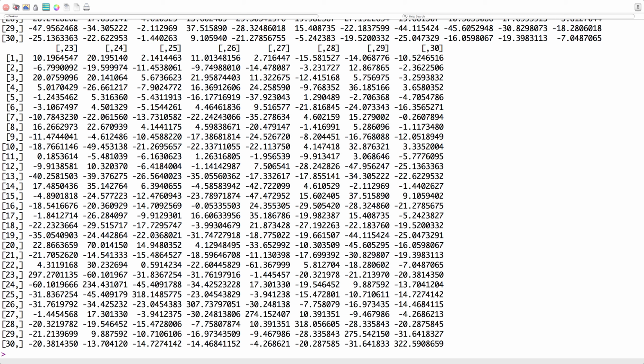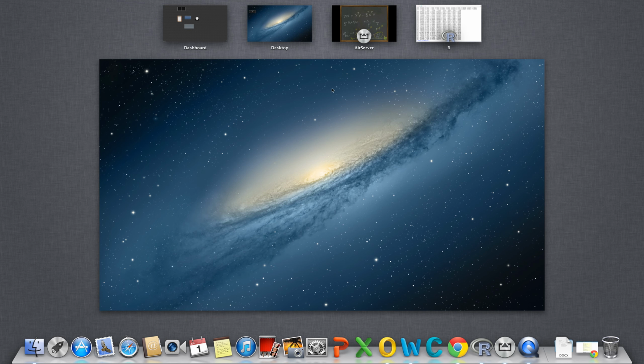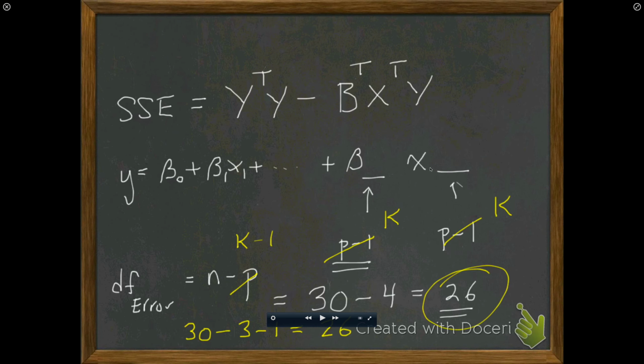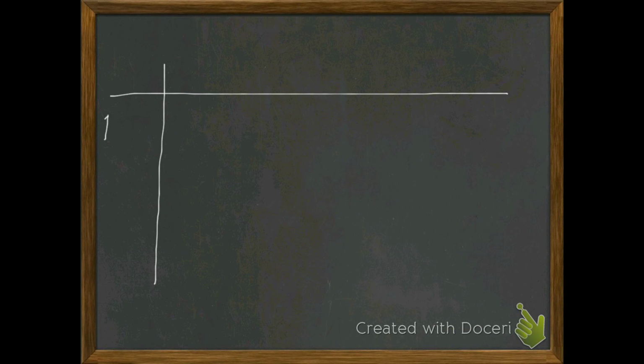Now, what I want to move into is creating our ANOVA. I want to get out of R and get back into the blackboard here. So gang, I ultimately want to be able to create, we're going to have our regression, we're going to have our error.